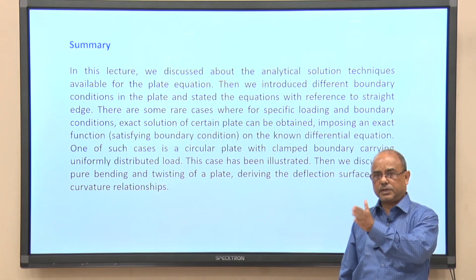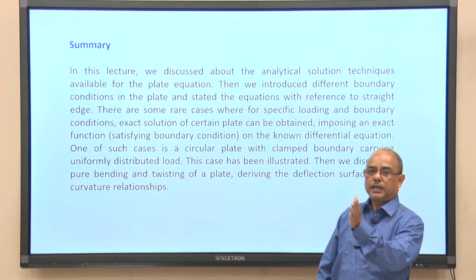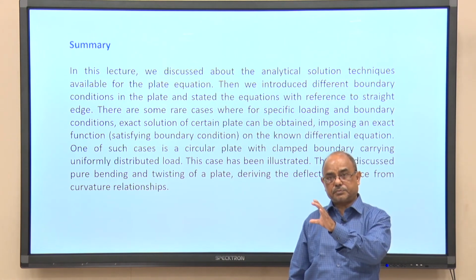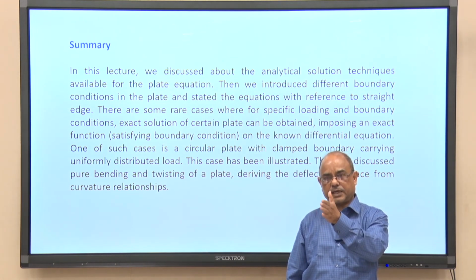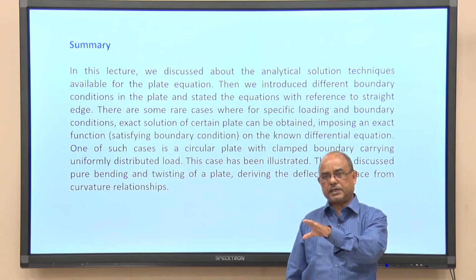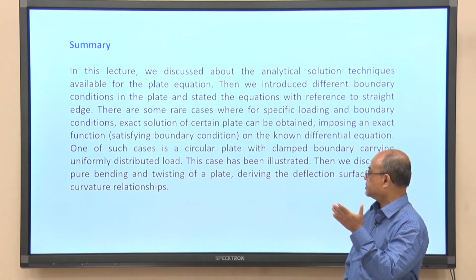Non-classical boundary conditions are the edge resting on an elastic beam, the edge resting on an elastic spring, and the edge resting on a rotational spring. In the first case the edge rests on a linear elastic spring, and in the second case the edge rests on a rotational spring. Okay. So, this type of boundary condition we have seen.